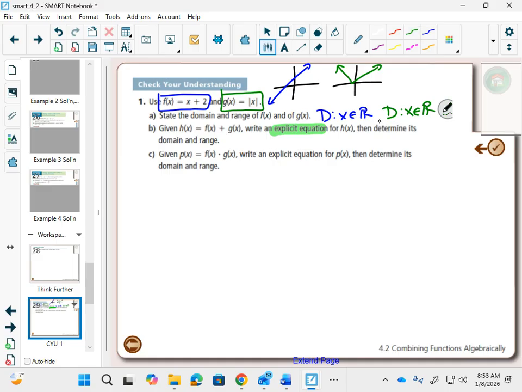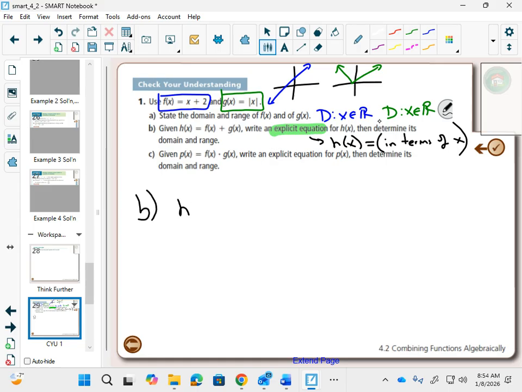This is going to mean you're going to write h of x equals, and here, this side has to be in terms of x, not in terms of functions. Because otherwise we would be done. You have h of x equals f of x plus g of x. You're like, I'm done. Okay? This isn't very hard, except when they get to the second part where they say, then determine its domain and range.